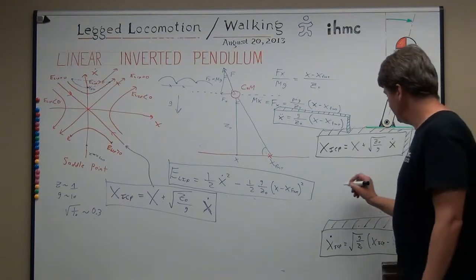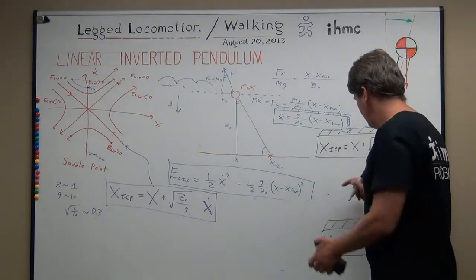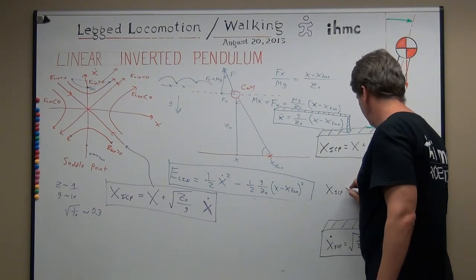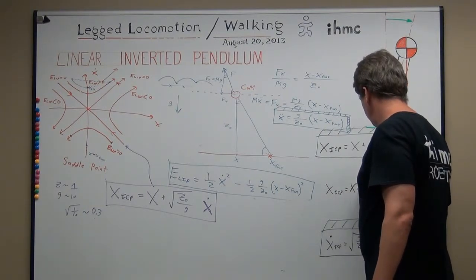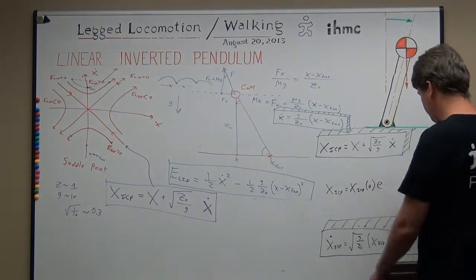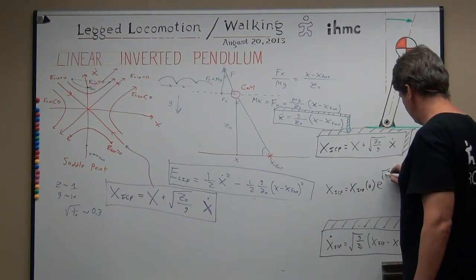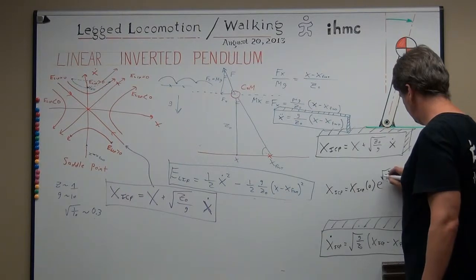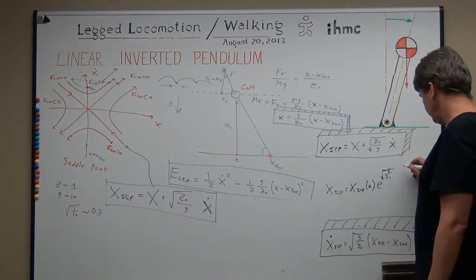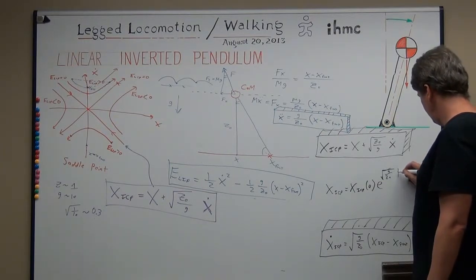And the solution to this is really easy, it's just XICP equals XICP at time 0 times e to the sort of g over z naught t.